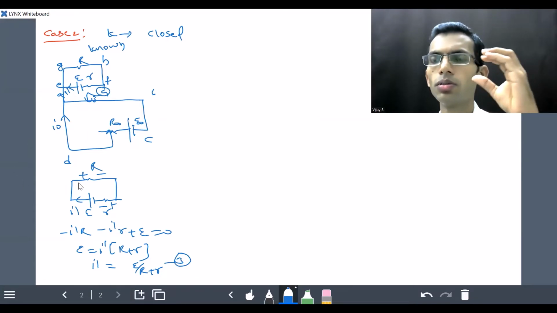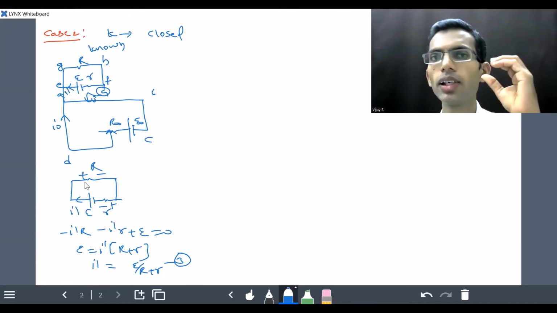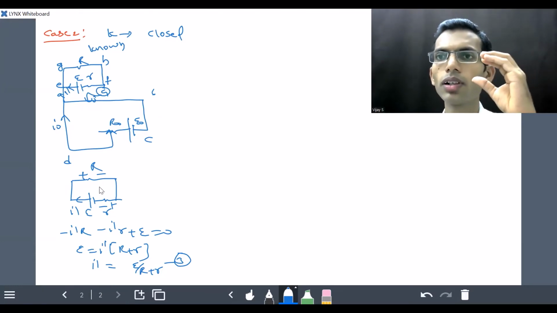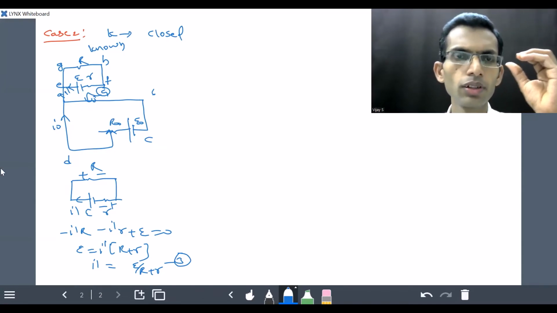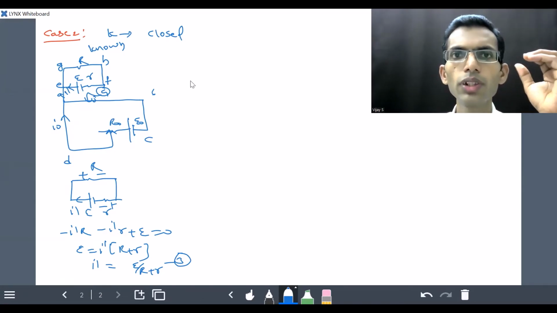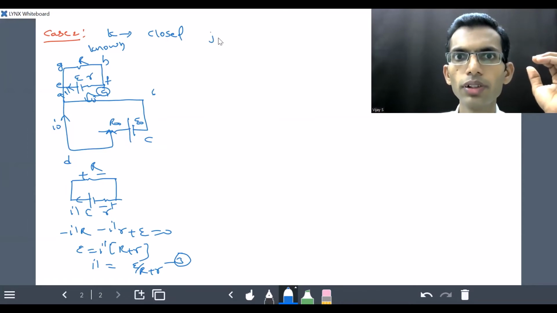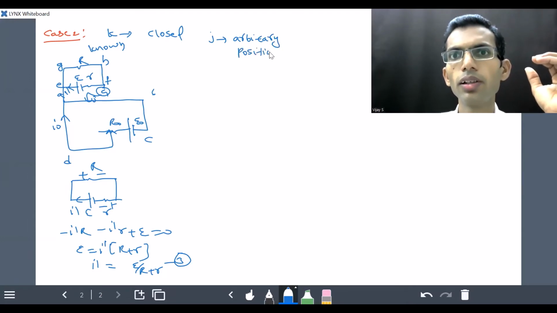Now let us obtain the expression for current flowing through the galvanometer. Let us say moving contact J is at an arbitrary position. Arbitrary position means it can take any value.